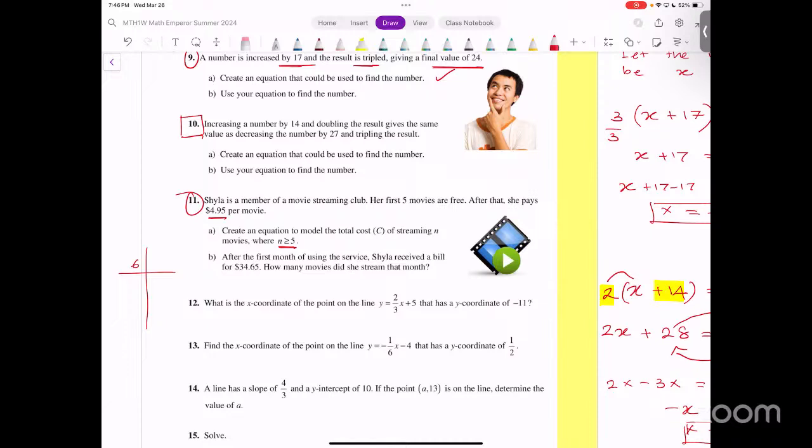Akshara, if I watch 6 movies, how much do I have to pay? Nishal, if I watch 6 movies, how much do I have to pay? Could you repeat the question again? If I watch 6 movies, how much do I have to pay? $4.95.